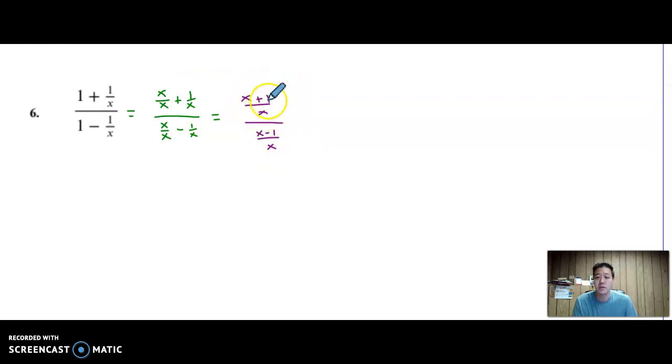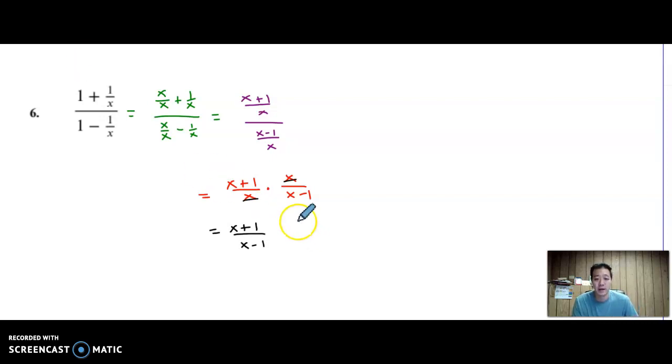And so here's that situation again where you have a fraction over a fraction. We're going to take the top fraction, x plus 1 over x, times the reciprocal of the bottom. You can tell the x's cancel out, and so we have x plus 1 over x minus 1.